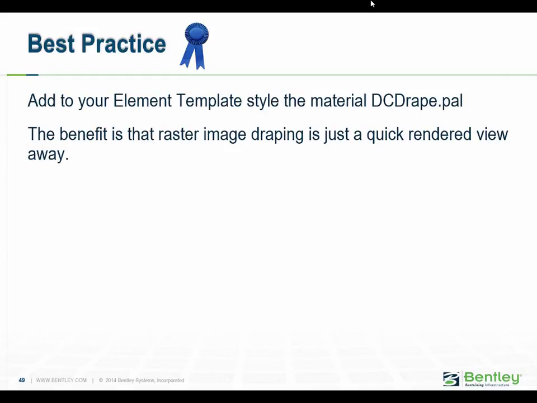Then you get the benefit of being able to turn on the imagery. But the clipped terrain gives you the ability to work with corridors, civil cells and other objects, and create that quick rendered view mode where you're clipping out and working against your existing design.